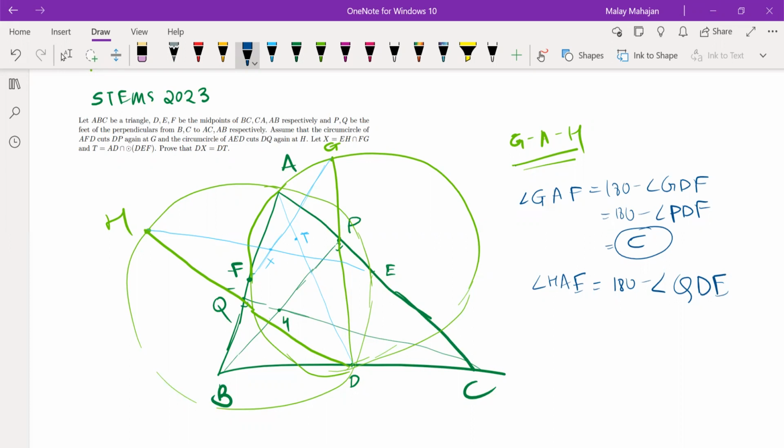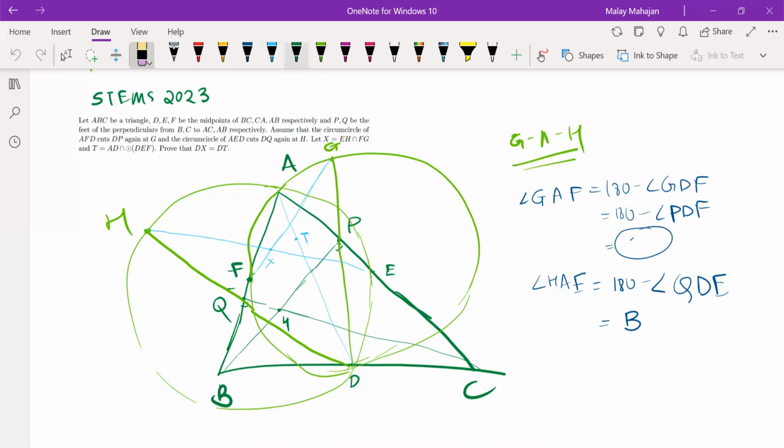You can also think as this is the 9-point circle. So PDF will be PEF and EF is parallel to BC. So PEC is ACB. So this turns out to be C. This turns out to be B. No, I think it's 180 minus C. Wait, did I just miss something? PDF is C, right?